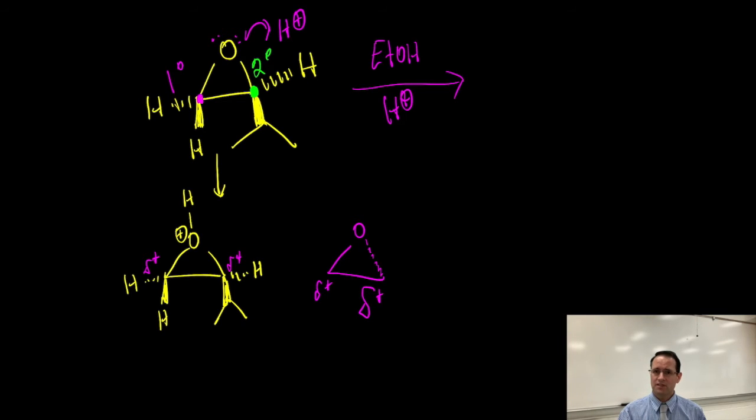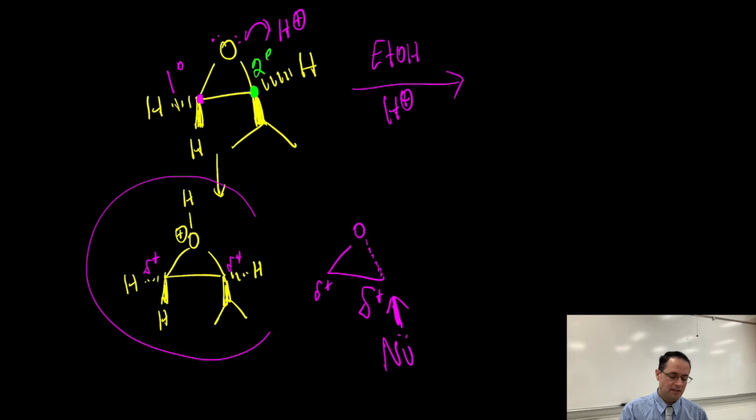The one that's more substituted has a surrounding isopropyl alkyl group that can help stabilize that positive charge through something called induction or hyperconjugation, if you remember back in chapter, I think it was 6, okay? So what that means is that the nucleophile, which is in solution, is going to attack the right carbon atom, okay? So let me copy this on the next page and we'll continue from there, okay?